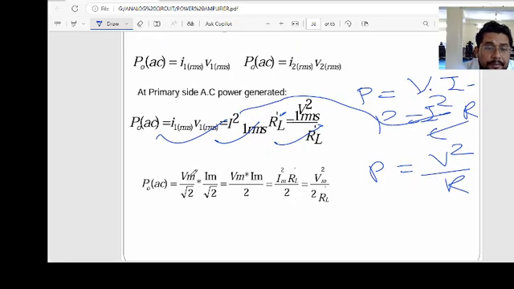So for AC, for the full cycle, I1 RMS is VM divided by √2, and V1 RMS equals V1 divided by √2, so VM by 2. We can also write I square into R, and also V square by RL. These are three formulas for calculating the power.